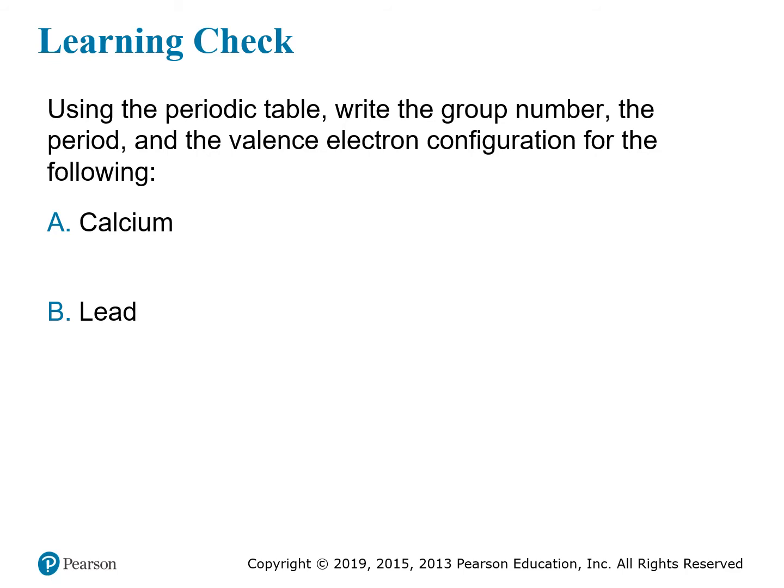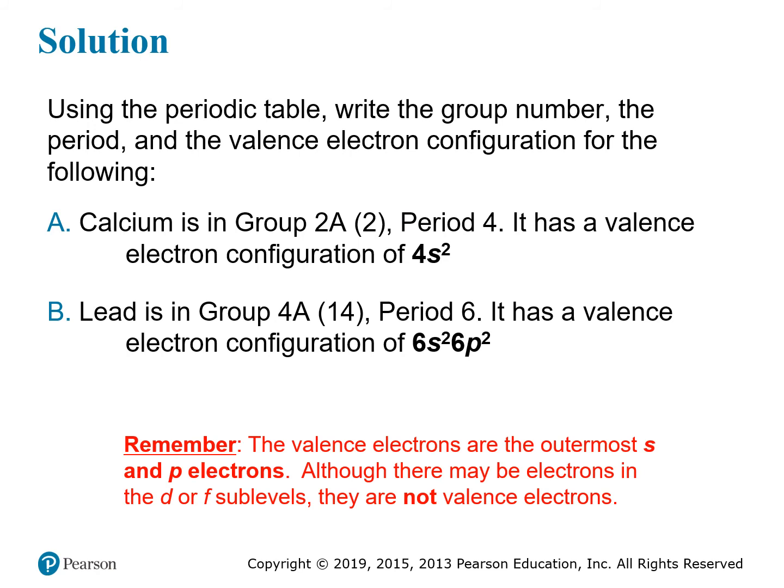So if you look up calcium on the periodic table, you'll find that it's in group 2, okay? Group 2A, or in the new system, it's just group 2 because it's in the S block. We don't have to worry about subtracting 10. Sometimes the 2A, again, will be written in Roman numerals like this, so be aware of that. So calcium has 2 valence electrons.